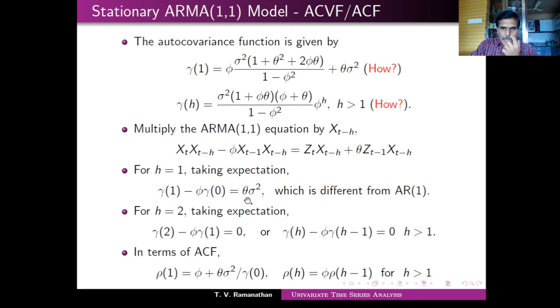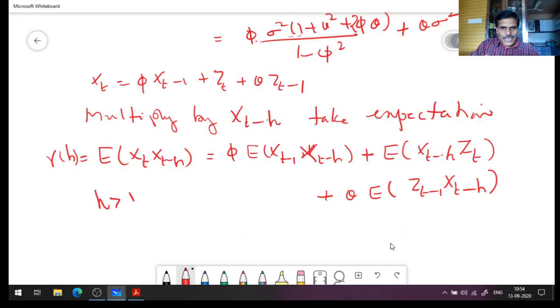You see that this is slightly different from AR1. For h equal to 2, this is gamma 2 minus phi gamma 1, and these are all 0. So for h greater than 1, that means 2, 3, etc., gamma h is equal to phi gamma h minus 1.